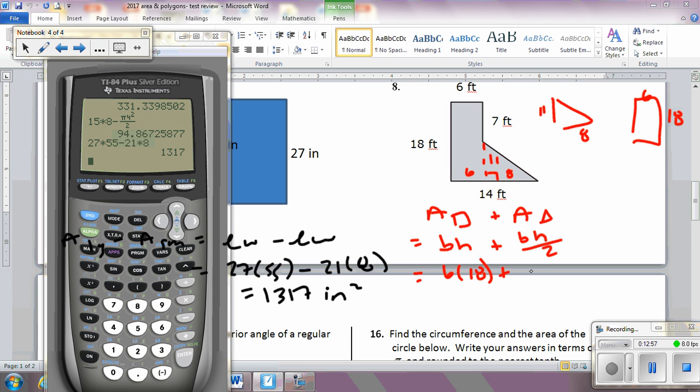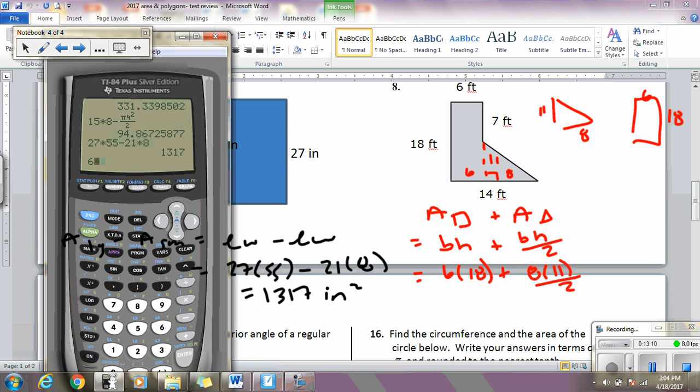And for my triangle, it'd be 8 times 11 over 2. And you get 152 feet squared.